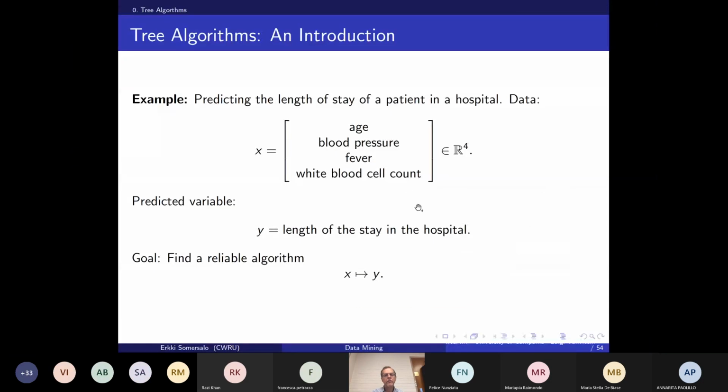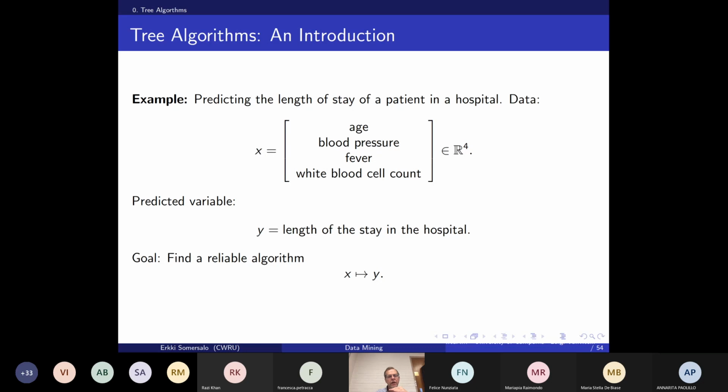Okay, so I'll continue. So a patient comes to an emergency room, and let's say there are 4 questions that are being asked: the age, the blood pressure, fever, and white blood cell count. So this is just a hypothetical example, and based on the information that the patient gives, you have to give an assessment of how long this patient is going to stay at the hospital.